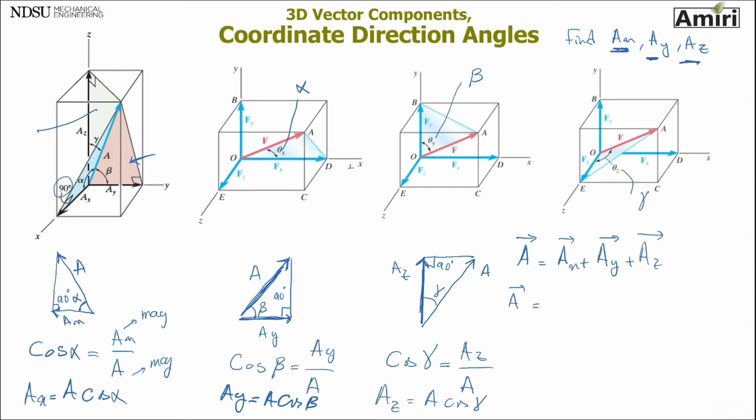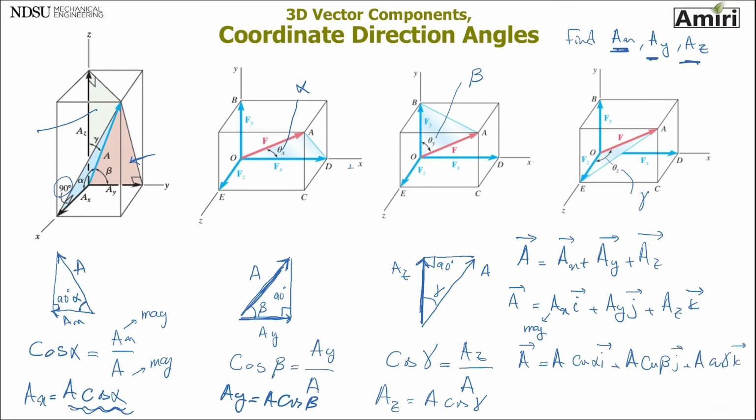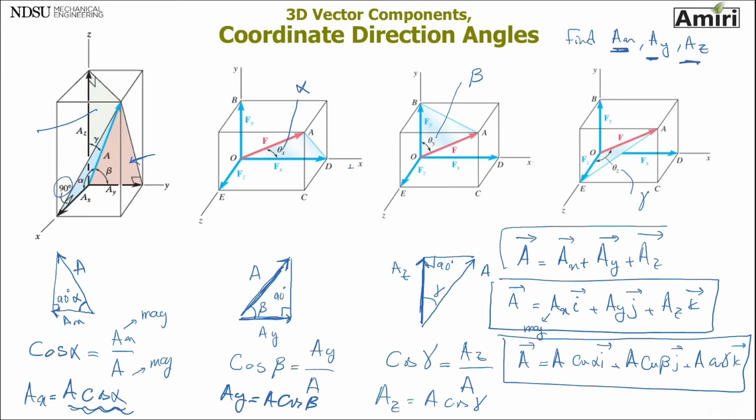I can use magnitudes here. These are all the same, I'm only using different notations to show them. Or, based on what I just learned, I can say A cosine alpha i, A cosine beta j, A cosine gamma k. So these are the three ways that you can show vector A and its components.